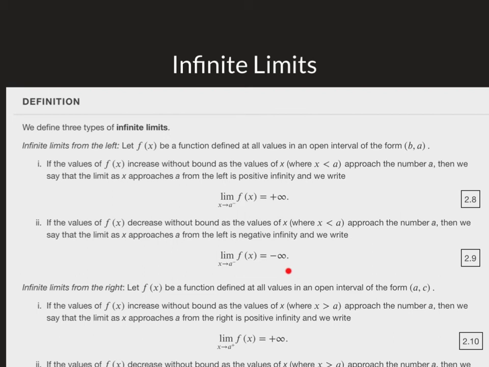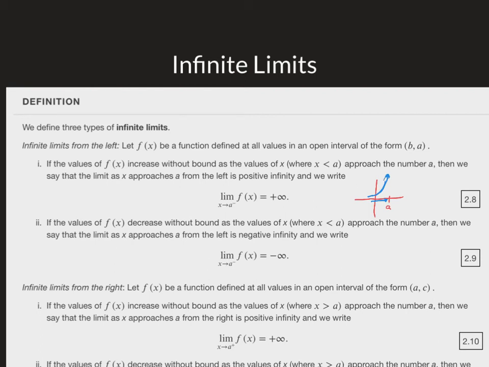So a quick visual example of this: if this is my a right here, and my function I'm going to draw in blue, here is an example of an infinite limit. As x gets closer to a from the left, the function blows up, it increases without bound to positive infinity.